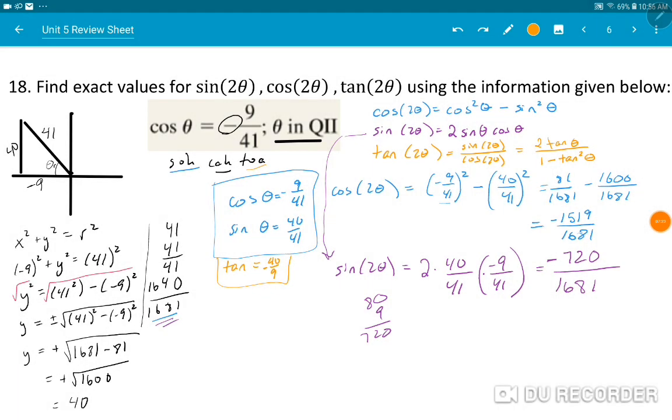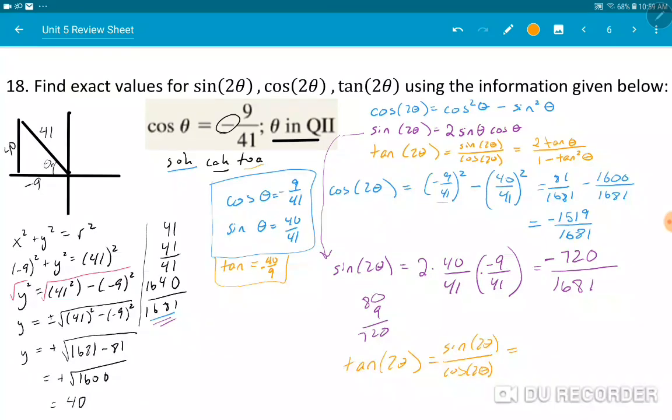The last one is tangent, and I'm going to try to do tangent using sine and cosine because usually that is easier. Those numbers came out pretty and they have common denominators, so that should be one of those cases. So sine divided by cosine: this divided by this.